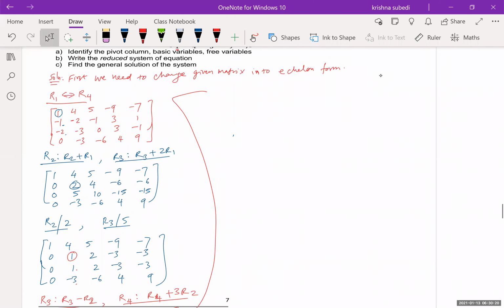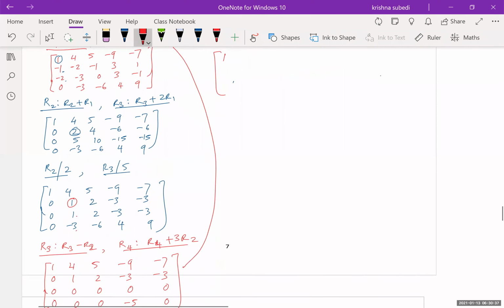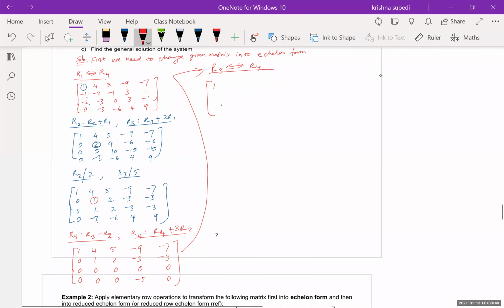So we're going to do R3 and R4 switch. If I do that, I'm going to get 1, 4, 5, -9, -7, then 0, 1, 2, -3, -3, then 0, 0, 0, -5, 0, and 0, 0, 0, 0, 0.